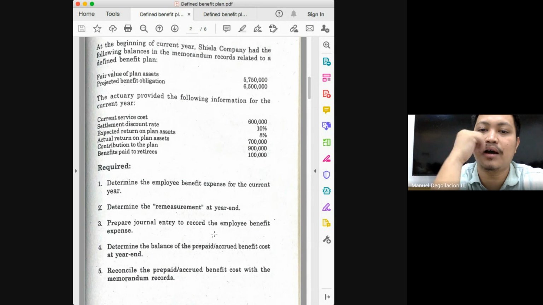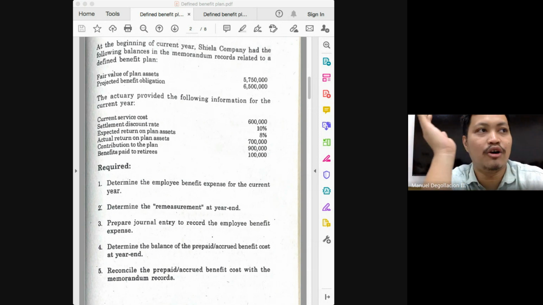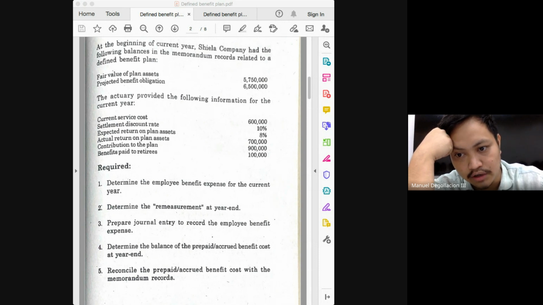Okay, and based on the cheat sheet I have shared with you, class, what would be the items that will affect the balance of your FVPA? We have your contribution. I hope you can understand that if you make a contribution into the fund, then the balance of the fund will increase. And are we given that information, class? Yes, and that is 900,000. So you add the 900,000.